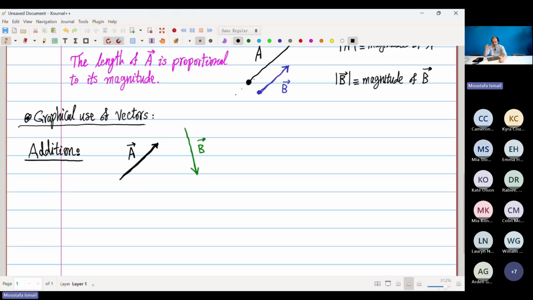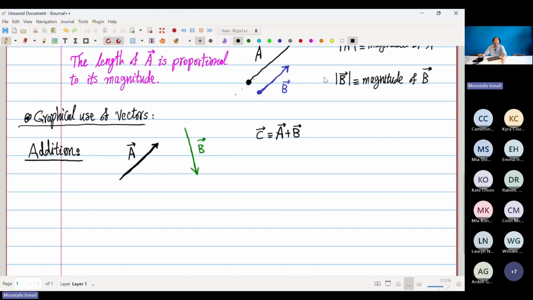What I need to do is, well, there are two ways of adding vectors graphically. There is the head-to-tail approach, and there is the parallelogram approach. So let's start with the head-to-tail approach. I want to find A plus B vector, which I can call vector C. I want to find this vector C graphically.